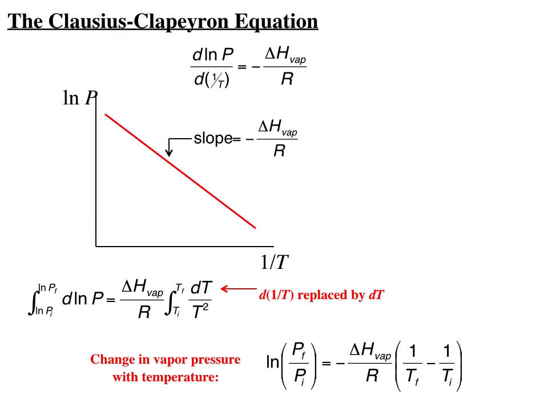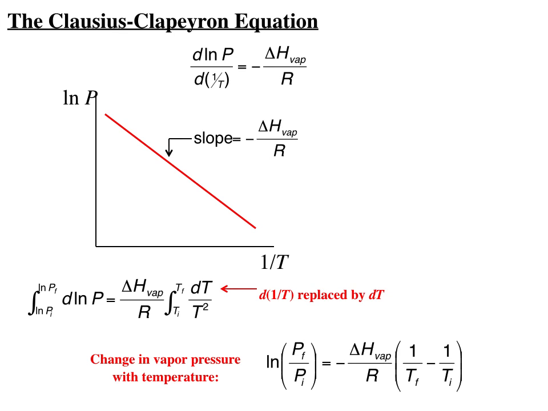So if I plot the logarithm of the vapor pressure of a liquid on the ordinate axis and 1 over the Kelvin temperature on the abscissa, or x-axis, it should be linear, negative, because of delta H and R. Delta H of vaporization is a positive quantity, R is a positive quantity. So the plot of ln P versus 1 over T should have a negative slope, it should be linear, and the slope should have a value of minus delta H of vaporization over R.